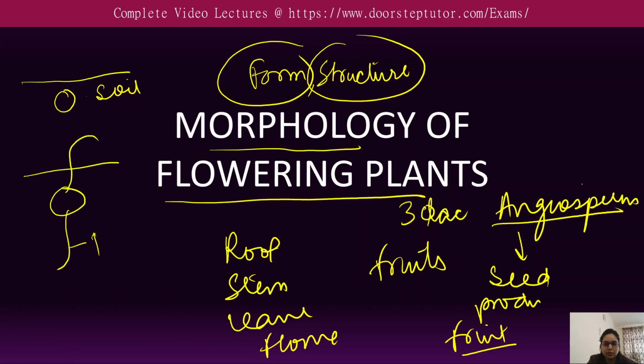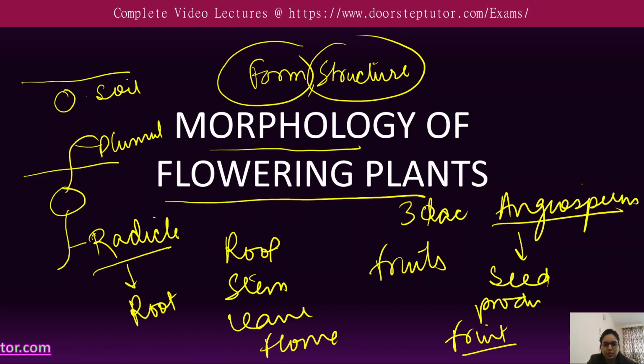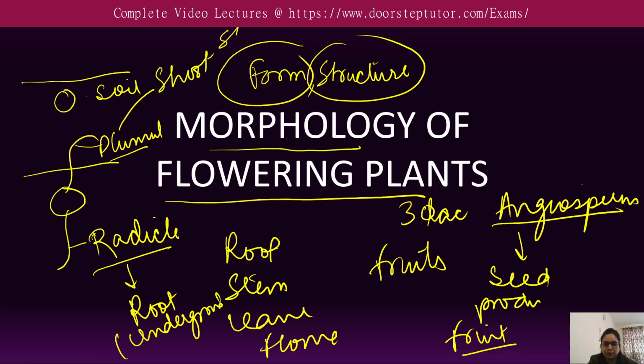The first one is known as the plumule, and the second one is known as the radicle. The radicle forms the root system, which is under the ground, below the soil, and the plumule develops into the shoot system.